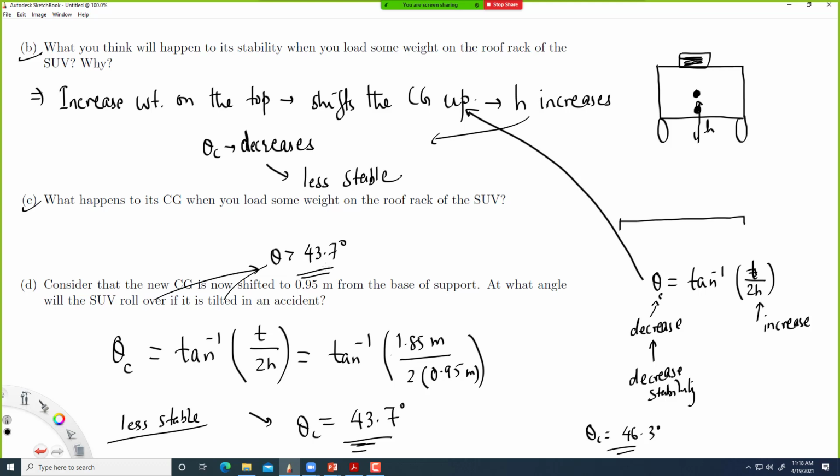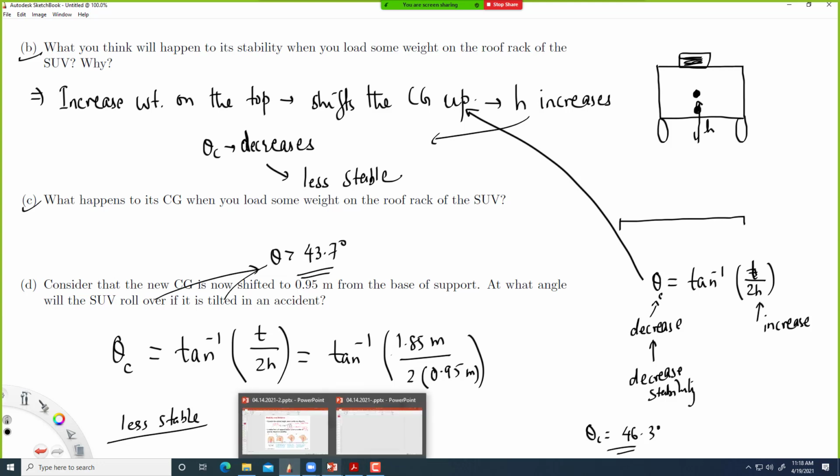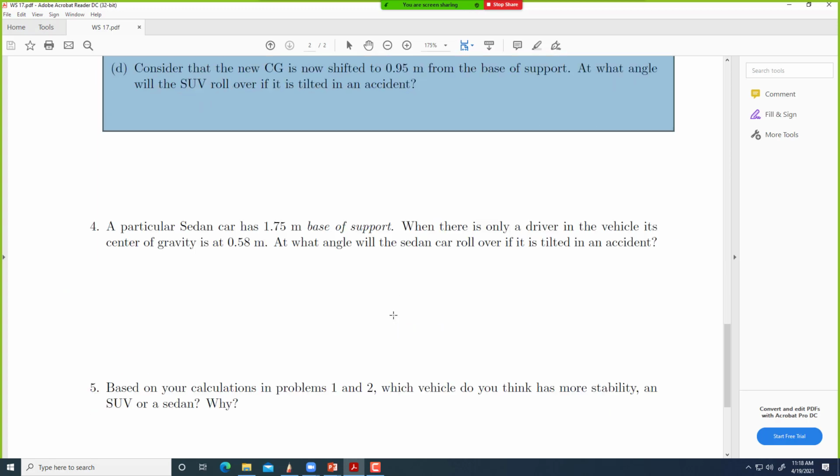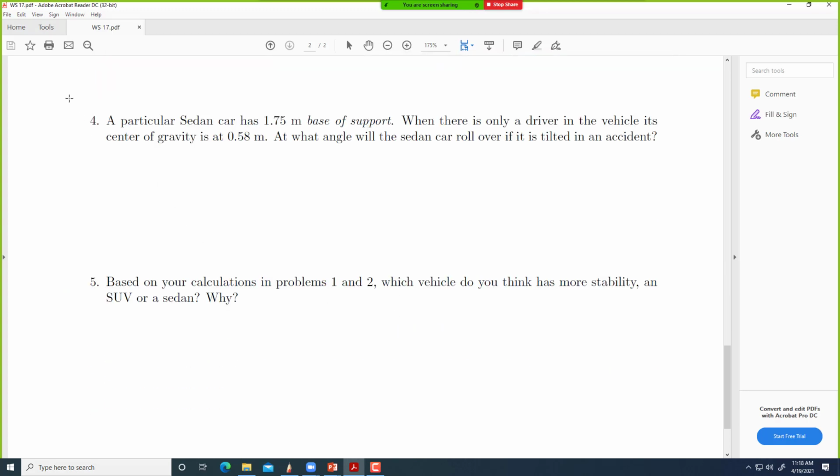Now I would like you guys to do number 4. Okay, it's exactly the same problem. So let me put the question here, and then why don't you guys tell me the answers? It's pretty straightforward. Just use that formula.